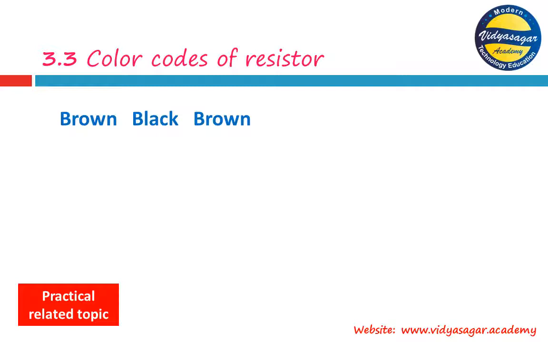In that chart you will see that brown at the first band position has a value of 1. Then black at the second band position has a value of 0, and brown at the third position, the multiplier band, has a value of 10 raised to power 1. So the value of this resistor brown, black, brown will be 100 ohm. The value will be directly in ohm.